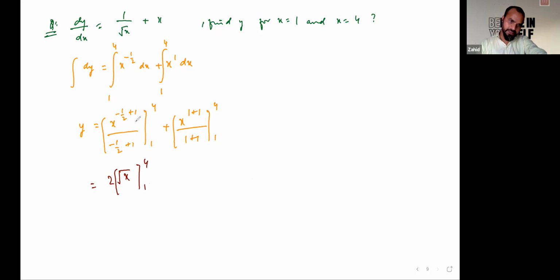I've just solved this particular fraction, so it will be minus 1 plus half. Taking LCM to be 2, it will be minus 1 plus 2, so it will be 1 over 2. So the exponent of x is 1 over 2, which means square root. And 1 over 2 in the denominator becomes 2 over 1 as the coefficient, plus x squared by 2 with limit 4 and 1.